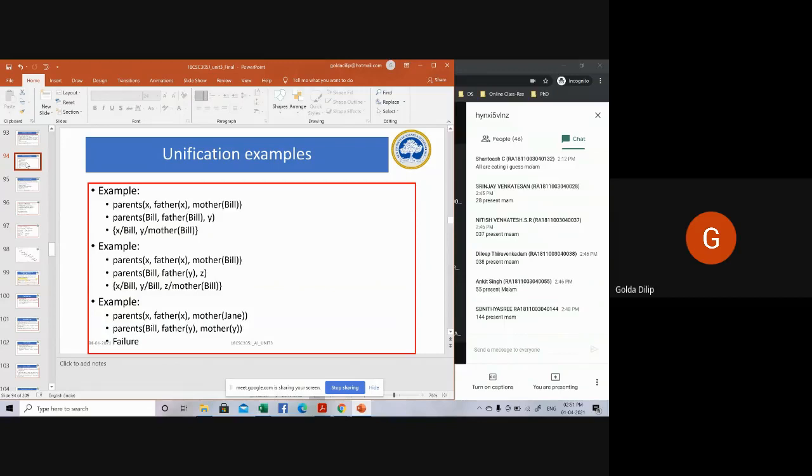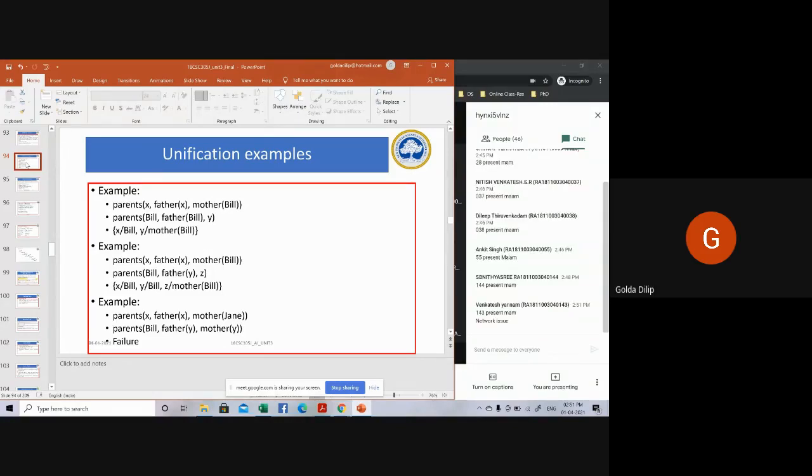That means you're proving it by contradiction.